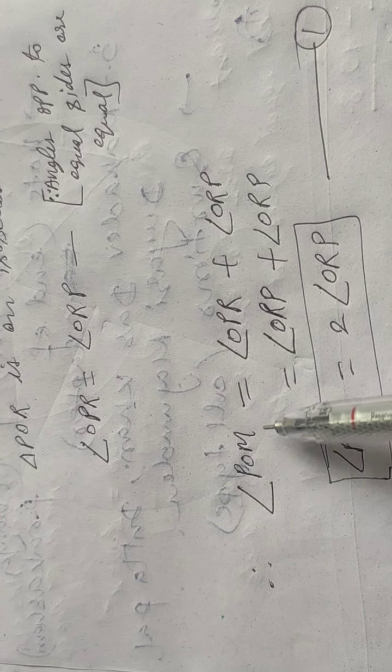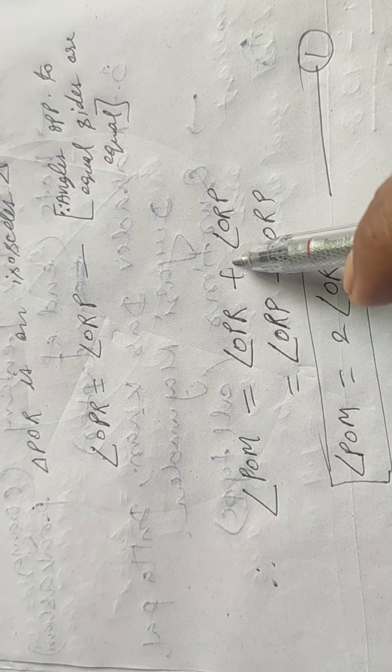Therefore angle POM is equal to angle OPR plus angle ORP. In place of OPR we will place ORP here, so angle ORP plus angle ORP is equal to twice of angle ORP. Put this as equation number 1.